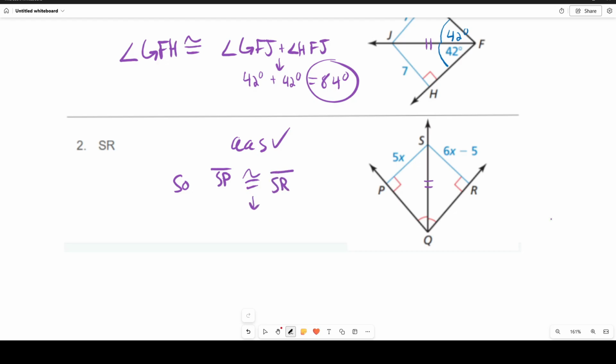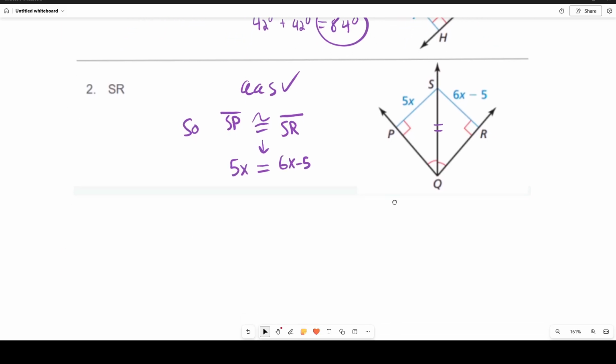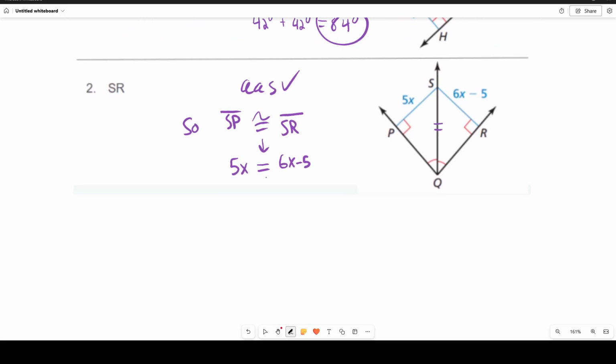And if that's the case, we can set them equal to each other. So side SP is 5x. And then we have 5x is equal to 6x minus 5. All right. There's a bunch of ways to do this, but I'm going to subtract 6x from both sides. We have negative x equals negative 5. And then we don't want negative x, we want positive x. So we have to divide by negative 1 to get that x equals 5.